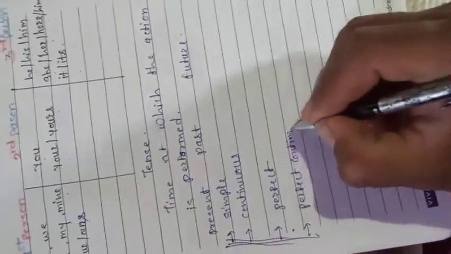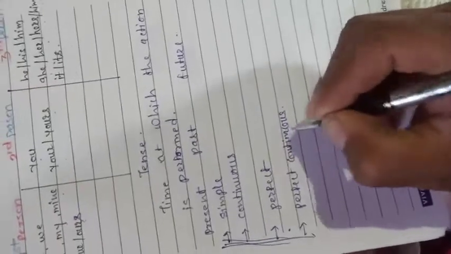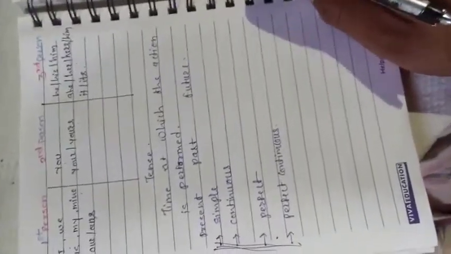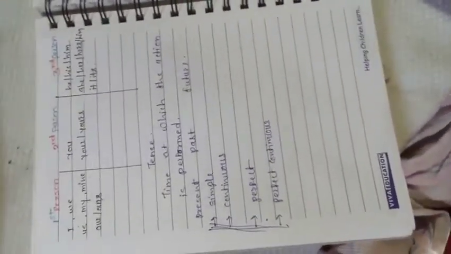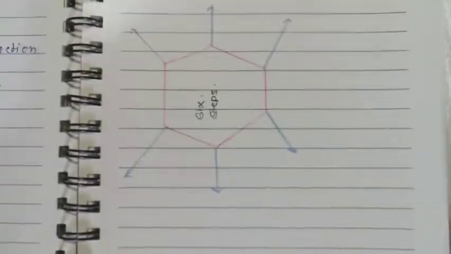For tense I have made a separate video. Refer to that video and study well. All 12 tenses I have given you in a simple manner. Now we are going to see the 6-step formula to convert direct speech into indirect speech.